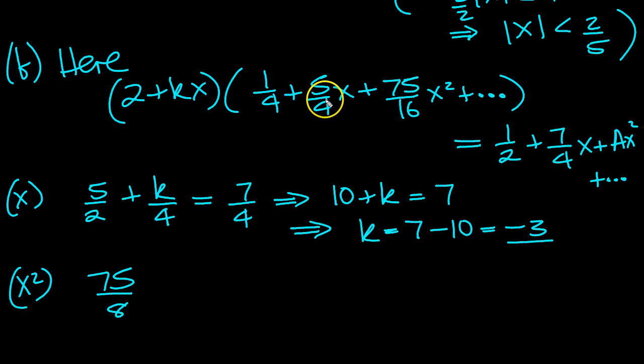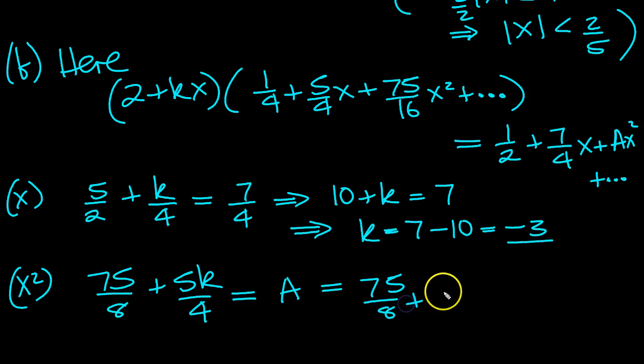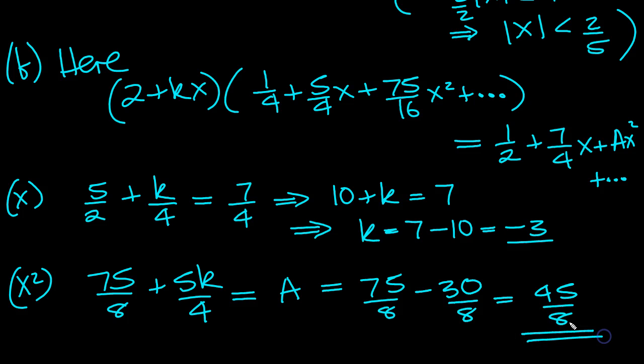Then k times 5 over 4 will give us the x squareds here, so 5k over 4, which with k equals minus 3 is minus 15 over 4, which you can write as minus 30 over 8. On the other side we've got a x squared, so a is equal to 75 over 8 minus 30 over 8, which is 45 over 8. So a is 45 over 8, and k equals minus 3.